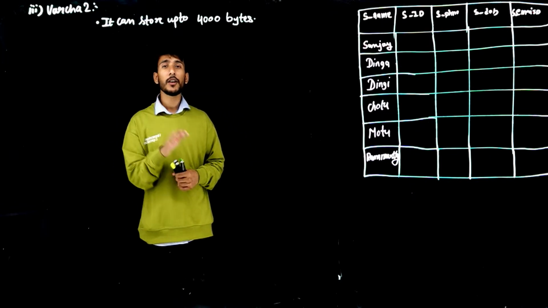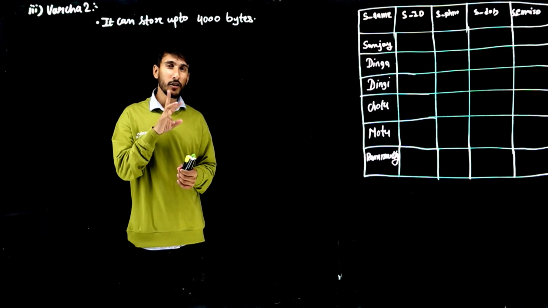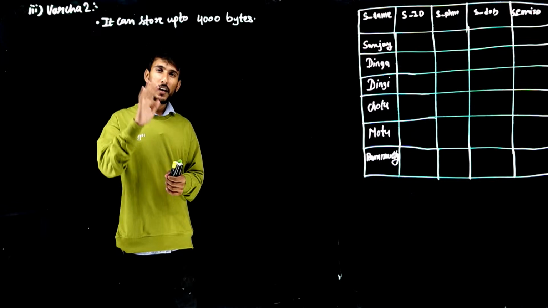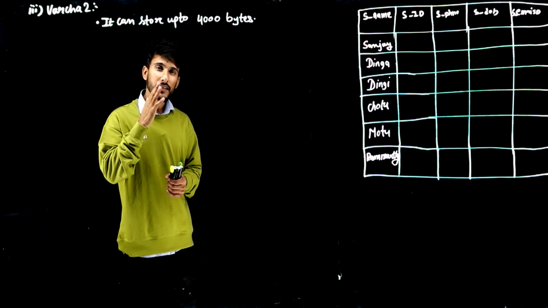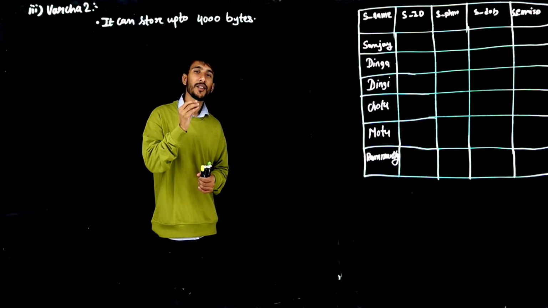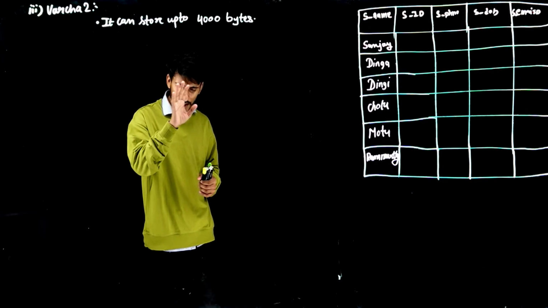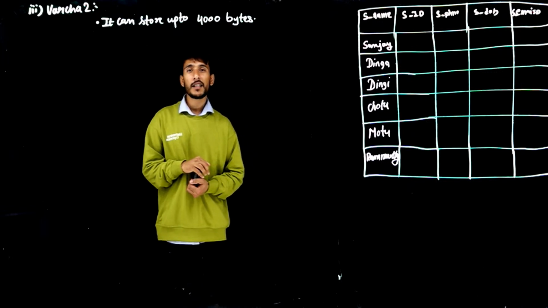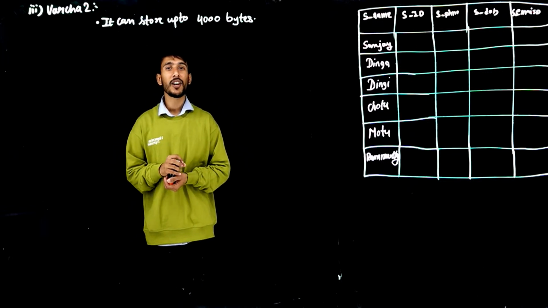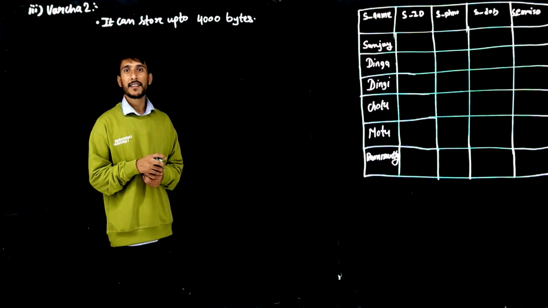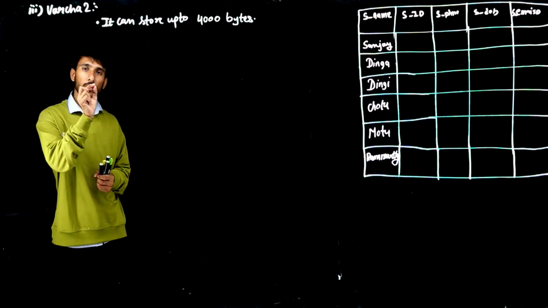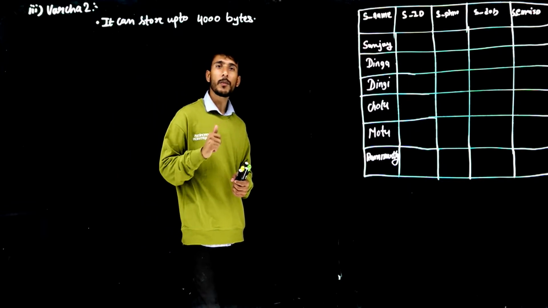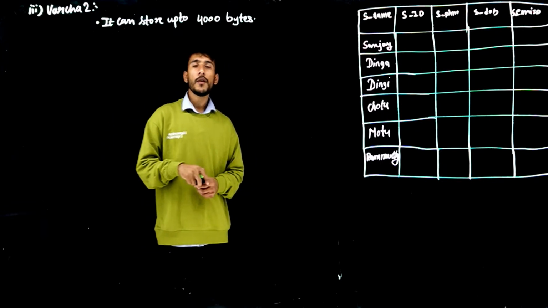My varchar and varchar 2 will be like twins. The only change is in their names. Everything else will be the same, their face, their body structure. That we call as twins. So varchar and varchar 2 have only one difference, that is size. Varchar can store up to 2,000 bytes and varchar 2 can store up to 4,000 bytes.